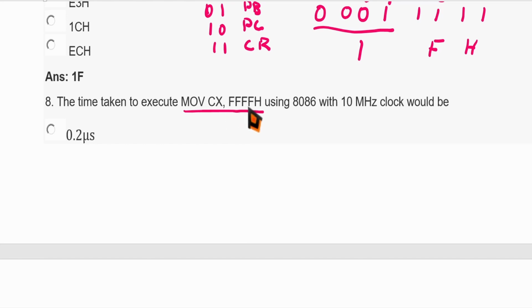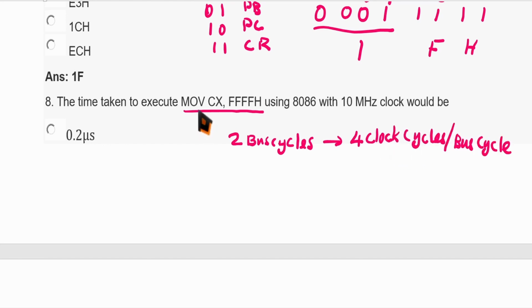Since there are 2 bytes, you need 2 bus cycles to read these 2 bytes. So each bus cycle will be using 4 clock cycles. So to execute this instruction, we need 2 into 4, that is 8 clock cycles.